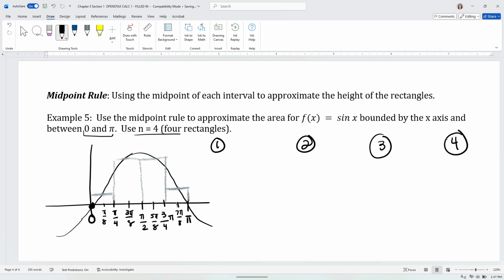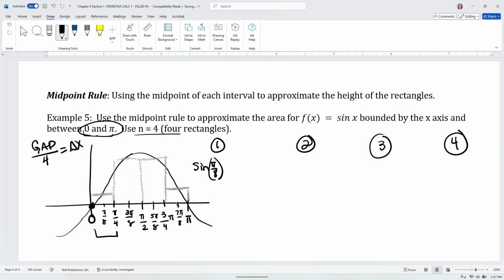Without using the sigma on our calculator, we would do, for the first one, the height is sine of pi over 8 times, what is the width of the whole first rectangle, right? Well, remember the gap we're doing, so it's gap divided by how many rectangles is your delta x.